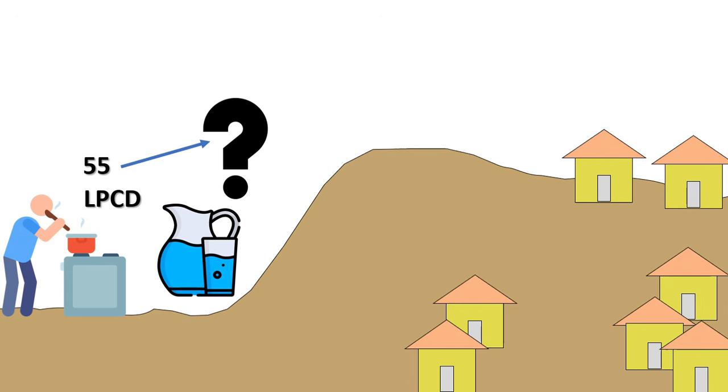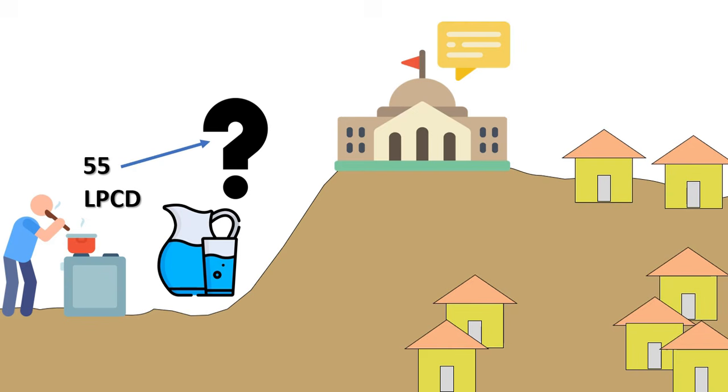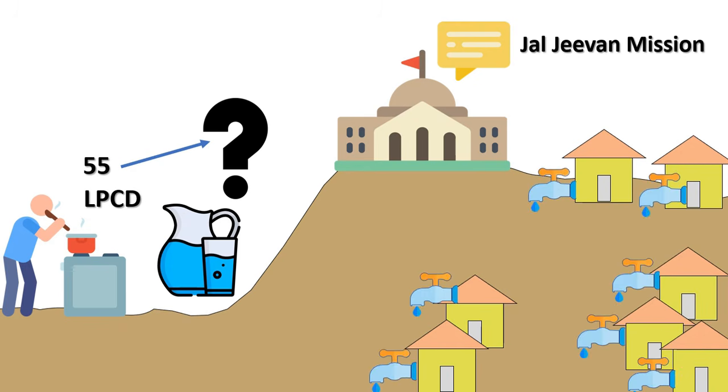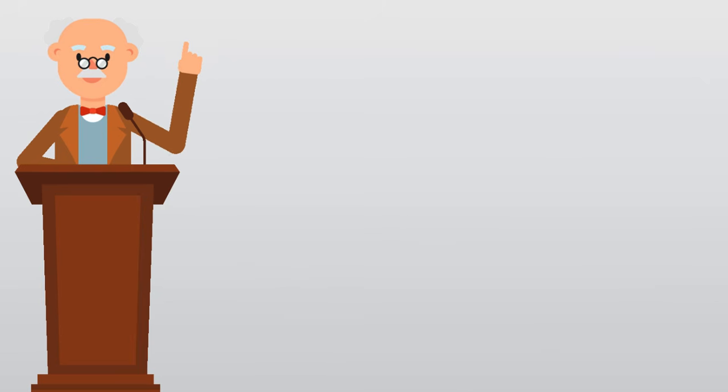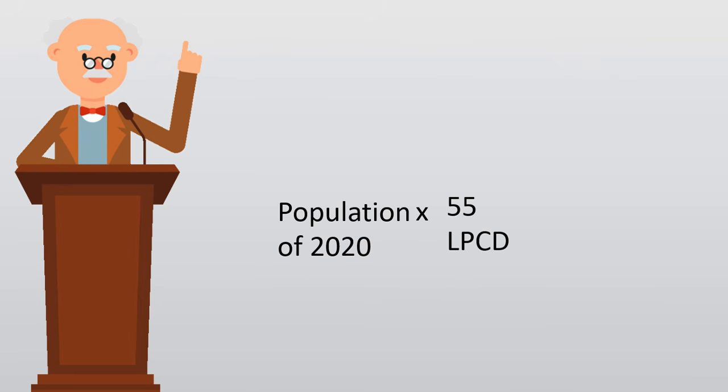The number I have taken is in reference to the new program of Indian government, that is Jal Jeevan Mission, which aims that every household should get tap connection and each person should get 55 LPCD. So we will calculate how much water this village will need in a day. For that we will multiply our population of year 2020 with 55 LPCD. So this is our demand.